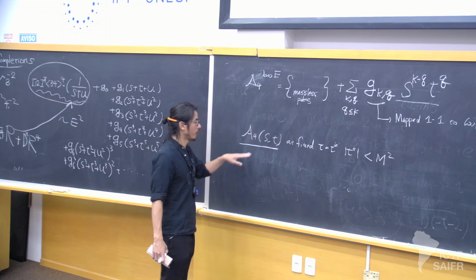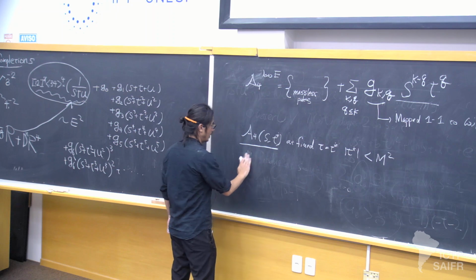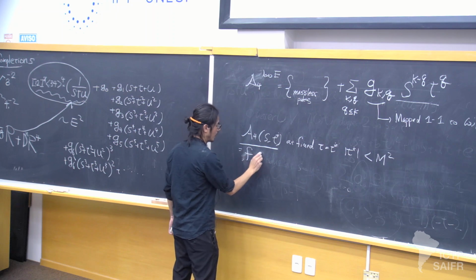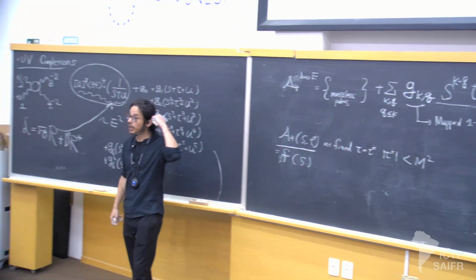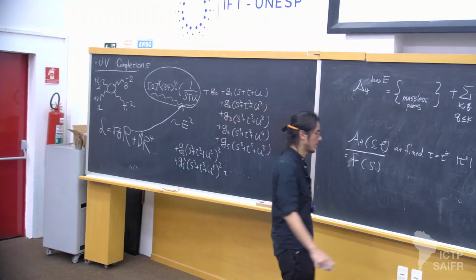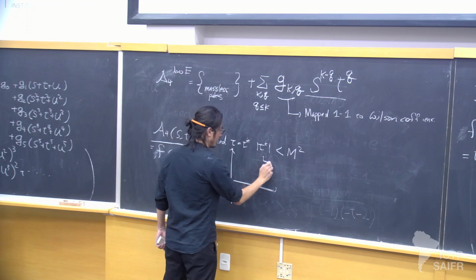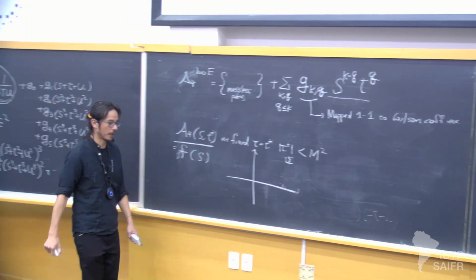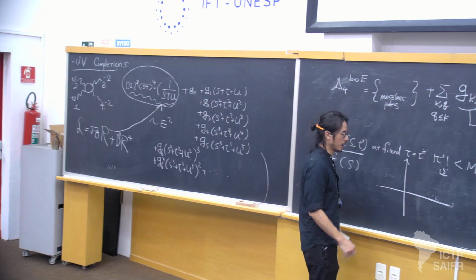If we consider this, then A4(S,T star) is basically a function of S, and we can talk about the analytic properties of this function on the complex S plane. How does this function actually look on the complex S plane?